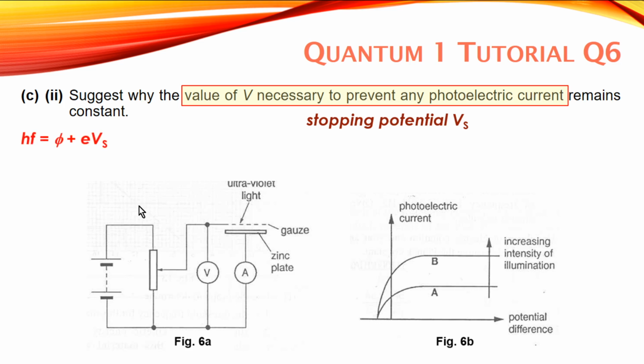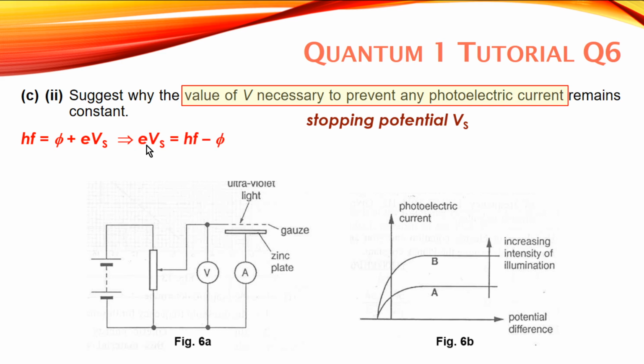This is the Einstein photoelectric effect equation, which says that you have one photon, HF energy, absorbed by the electron, and it uses part of the energy, which is phi, the work function, to escape from the metal surface. Then the remainder will appear as the maximum KE of the electrons, and that will be related to the stopping potential.